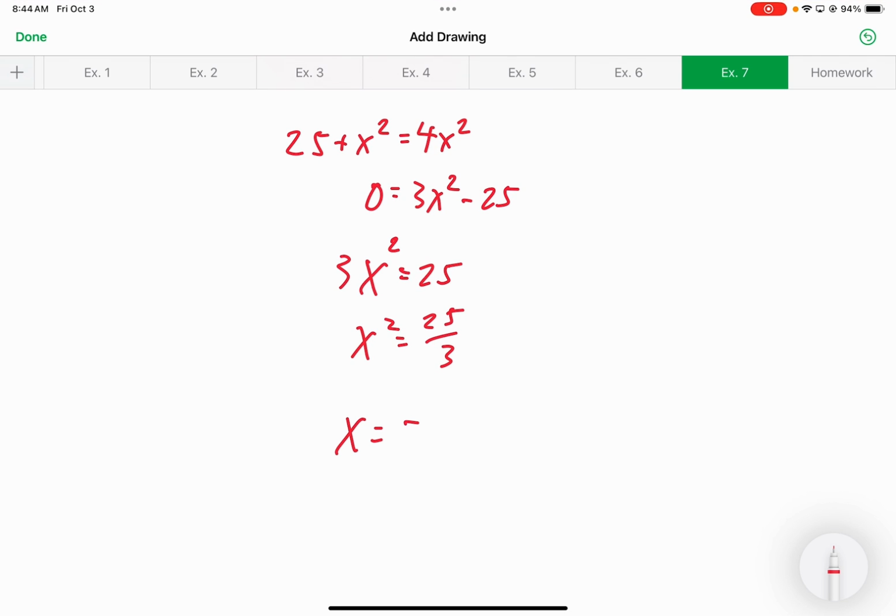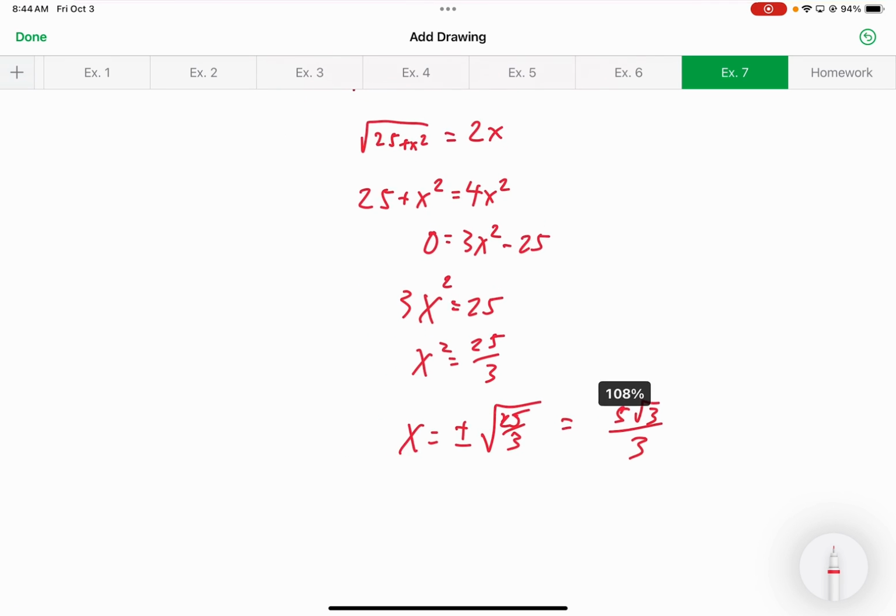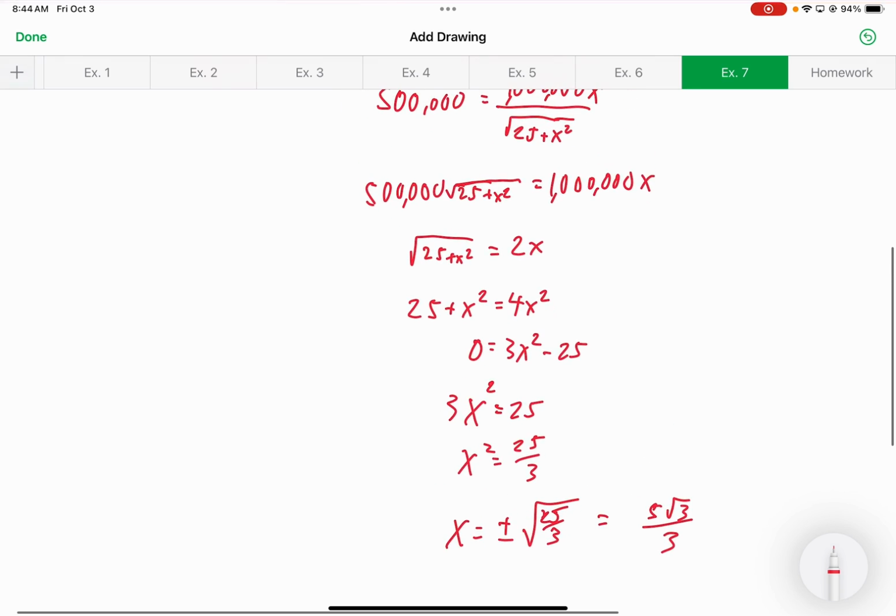And then we would get plus or minus the square root of 25 over 3. But really, the only value we want out of that would be positive. And we would have 5 square root of 3 over 3. Yeah? Okay. All right.